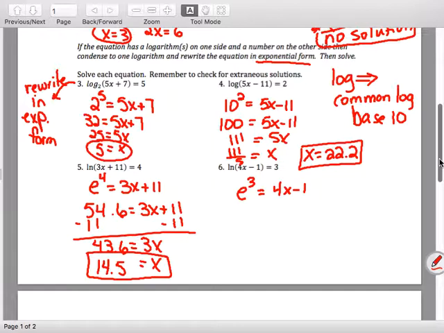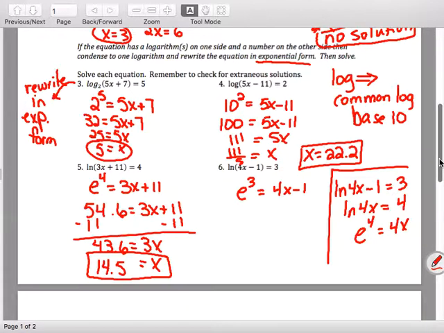Let me explain. If the problem had looked like this, a different problem, I would have added 1 to both sides first.